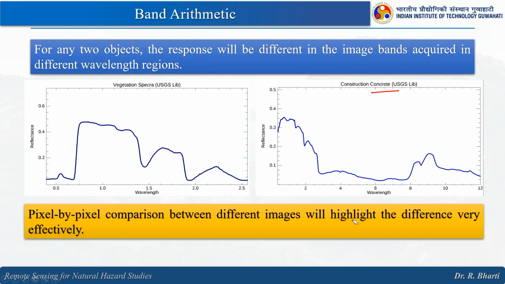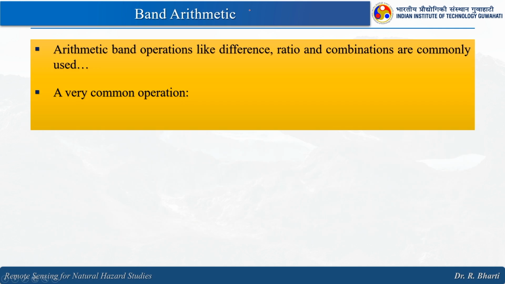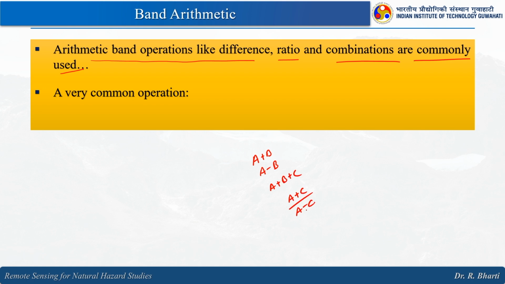So, this is one way of extracting information from a remotely sensed image, that is band arithmetic. Arithmetic band operations like difference, ratio and combinations are commonly used. I told you A plus B, A minus B, or A plus B plus C, or A plus C divided by A minus C, anything is possible here depending upon the spectral response of the target.